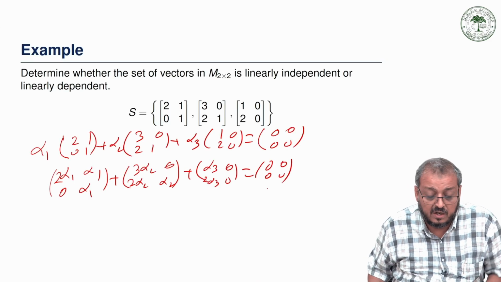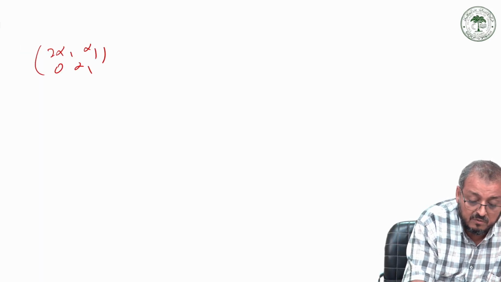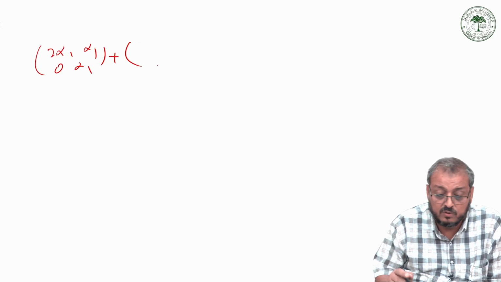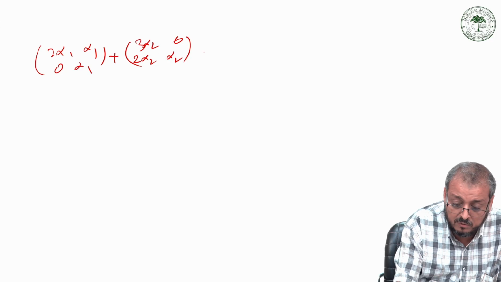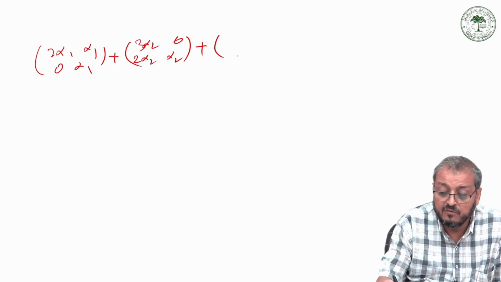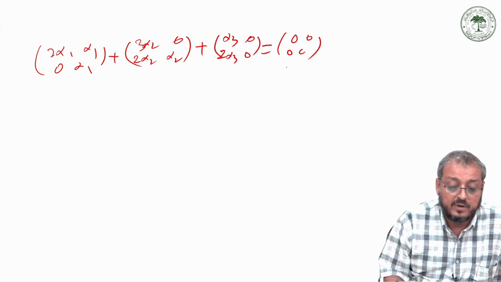Writing out the entries, we have 2 alpha 1, alpha 1, 0, alpha 1 plus 3 alpha 2, 2 alpha 2, alpha 2, and alpha 3, 2 alpha 3, 0, 0, and this is equal to the zero matrix.